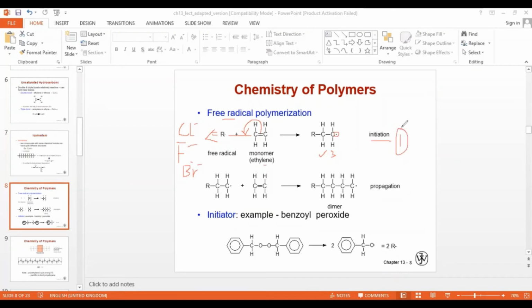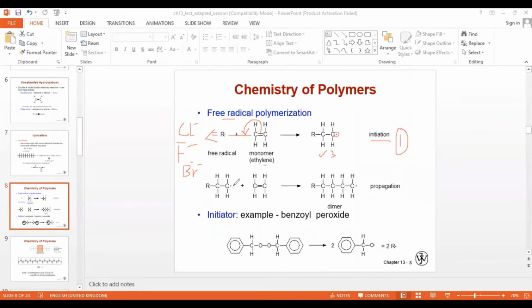Then in the propagation, this so-formed component C2H4R plus this monomer will form the next lengthy chain. Because the monomer, I told you, is the repetition unit, this is going to join with it.